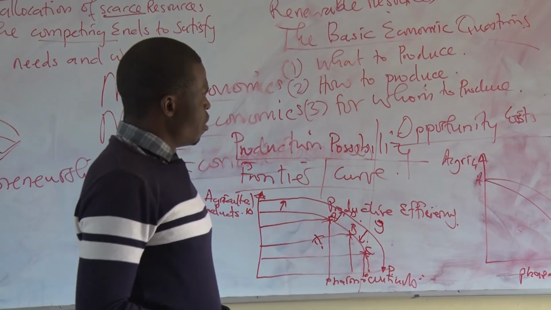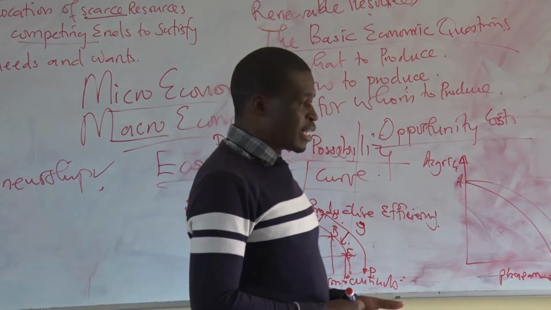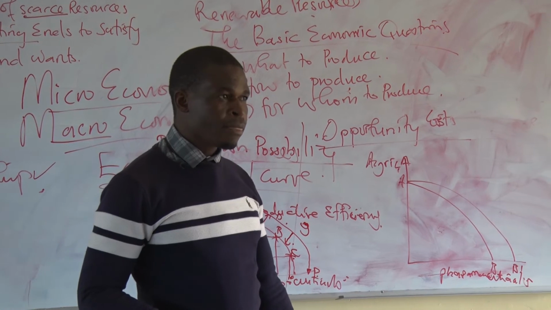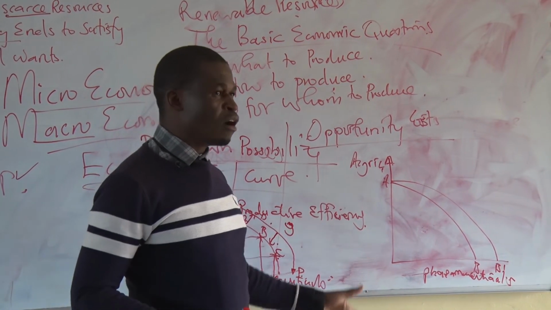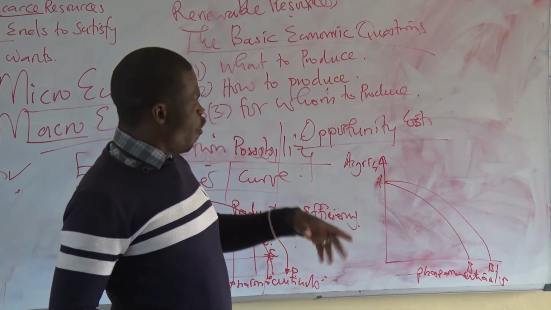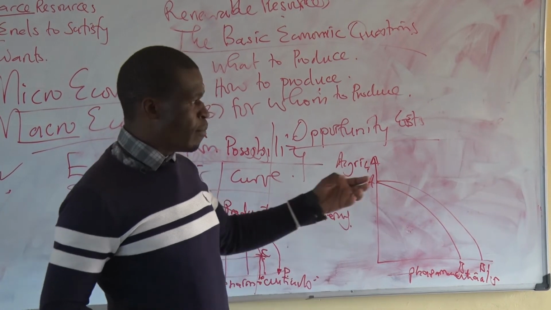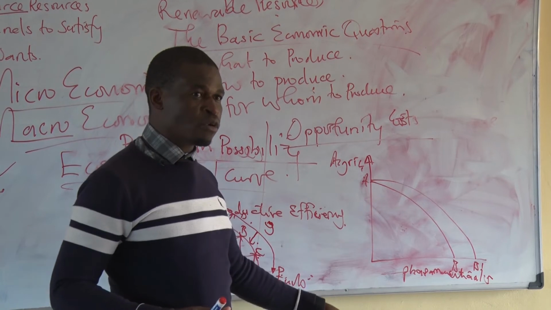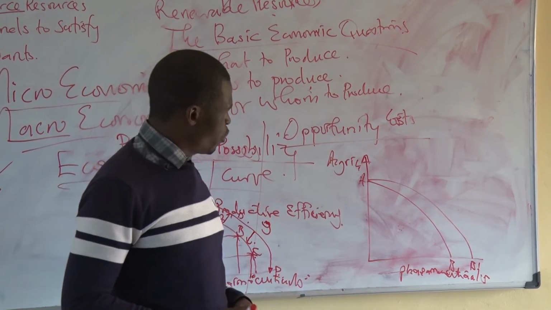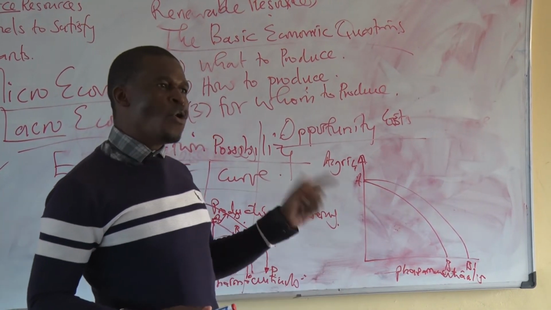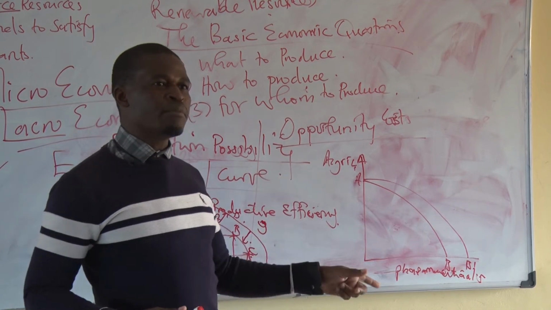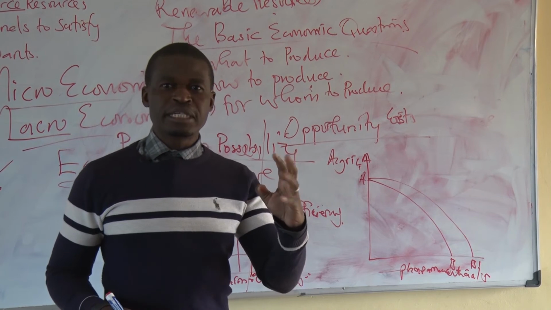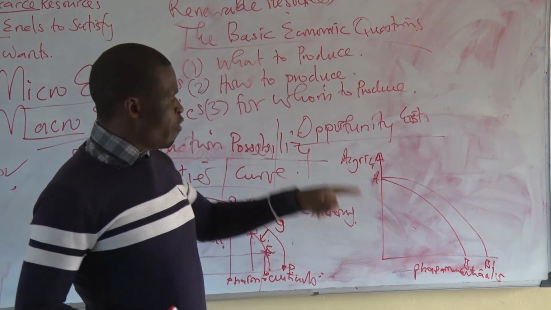On the horizontal side, we can see that there is a movement from B to B1. This comes up as a result of more training for pharmacists and new methods of producing pharmaceuticals that are better than the previous methods. But there won't be any improvements in agriculture because the improvement in technology and training has only happened for pharmaceuticals.